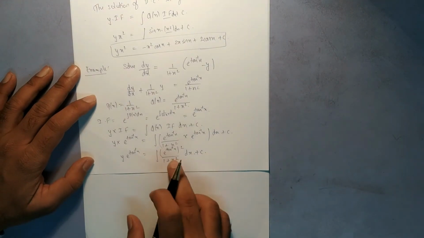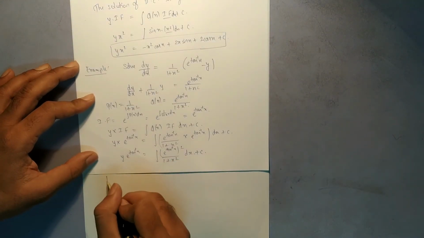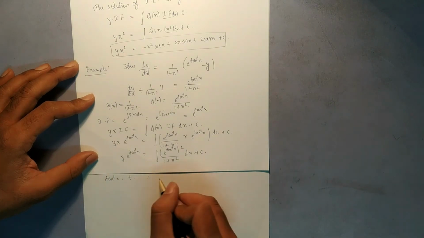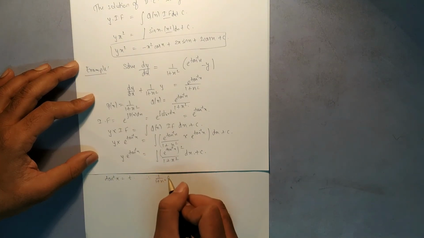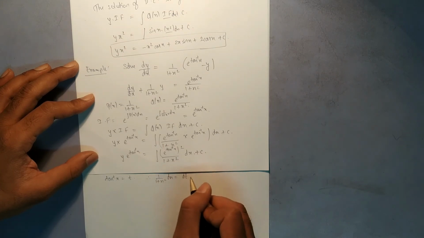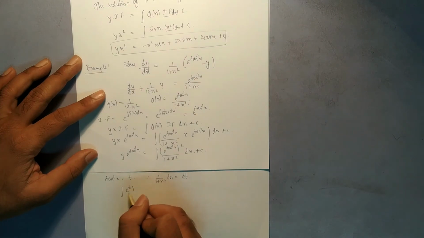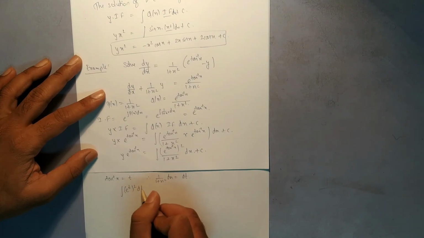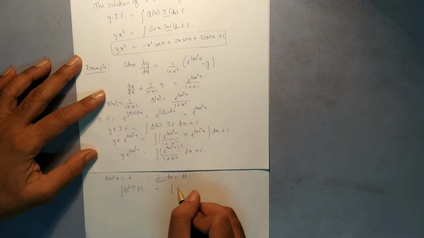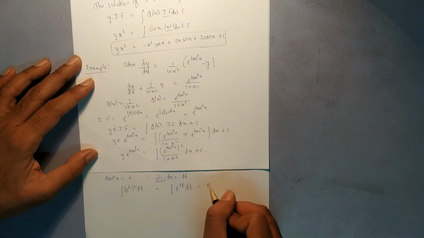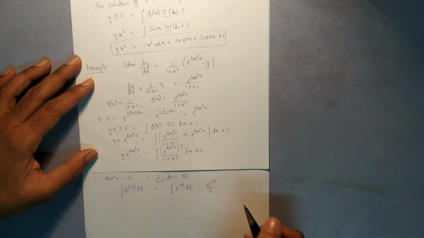Now to solve this integration on the right hand side, we put tan inverse of x is equal to t, therefore 1 upon 1 plus x square dx is equal to dt. So our integration will become integration of e raised to t its square dt. This is equal to integration of e raised to 2t dt. So this is e raised to 2t upon 2.